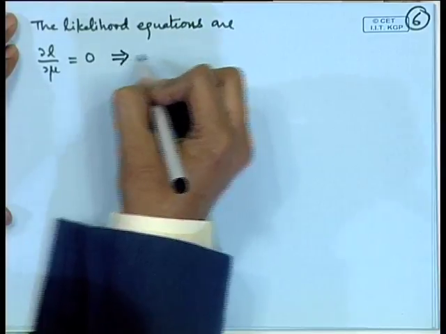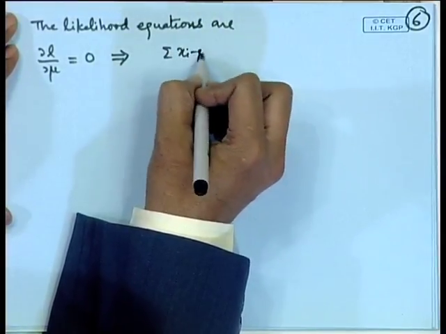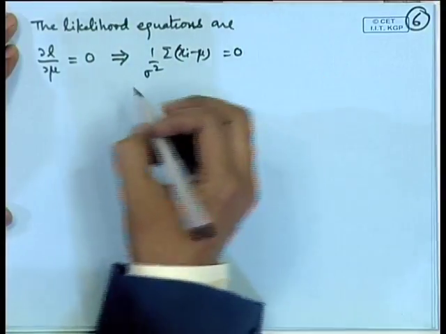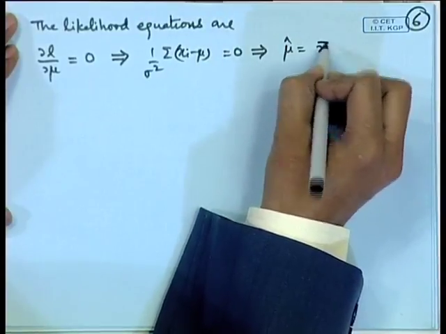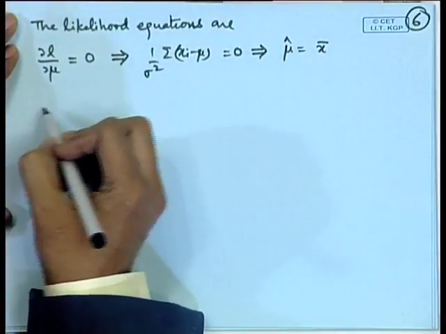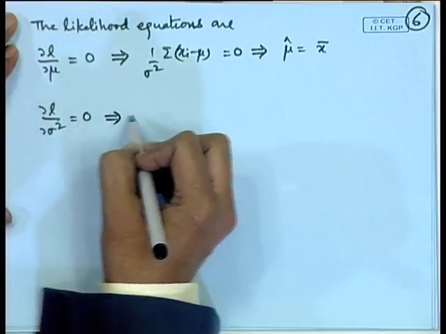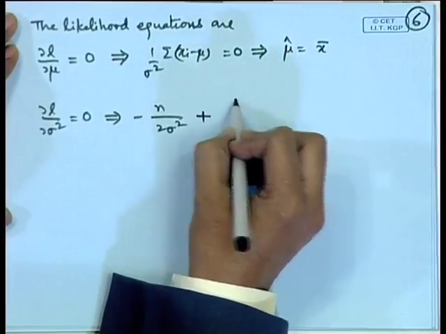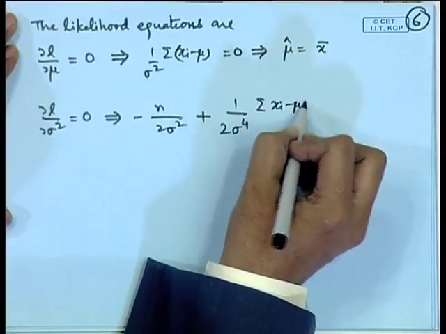That means sigma x i minus mu, times 1 by sigma square, is equal to 0, which will give mu hat equal to x bar. And del L by del sigma square equal to 0 gives minus n by 2 sigma square plus 1 by 2 sigma to the power 4 sigma x i minus mu whole square.